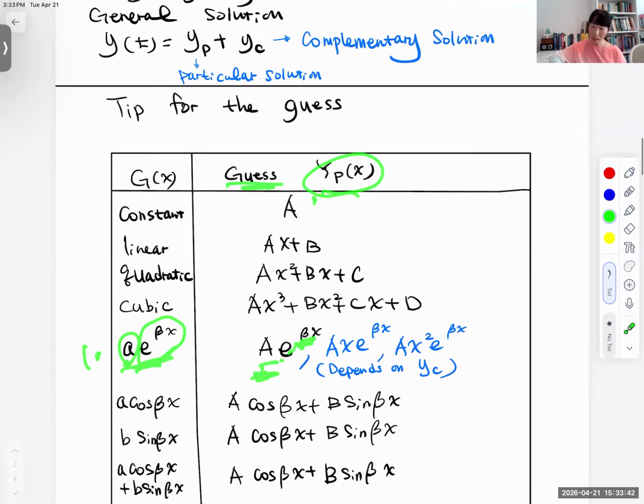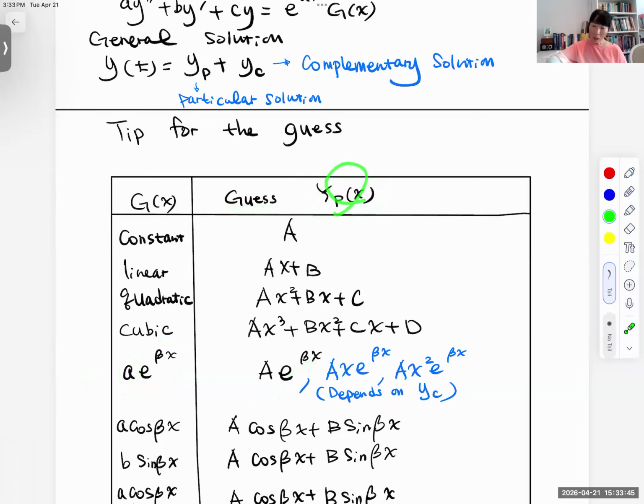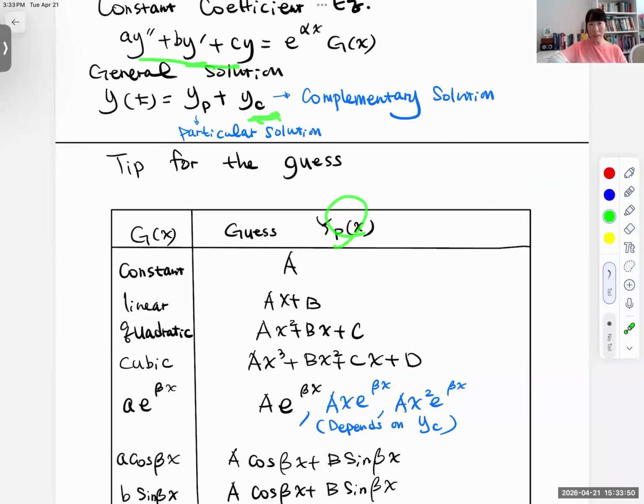But if we have a solution e to the 2x, and the root is r equal to 2, then we add x there. If we have the same form as the left side, that is the complementary solution, then we add x squared and use e to the 2x.